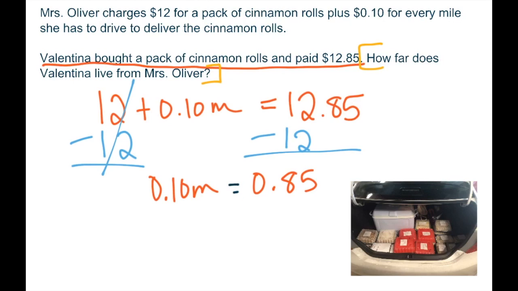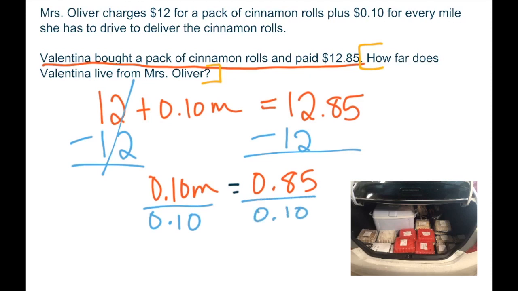Now, I'm closer. I'm down to a one-step equation. I've got 10 cents times m is equal to 85 cents. Well, I want to do the opposite of multiplying on this left side of the equation to move the 10 cents over. So I'm going to go ahead and divide both sides by 10 cents.